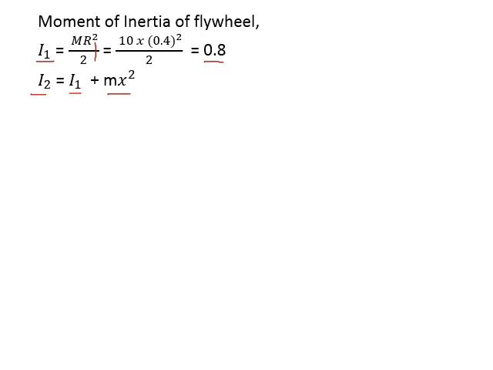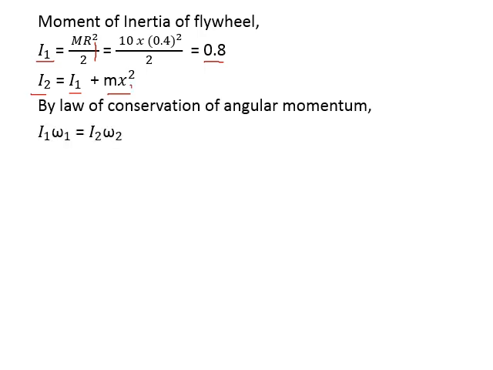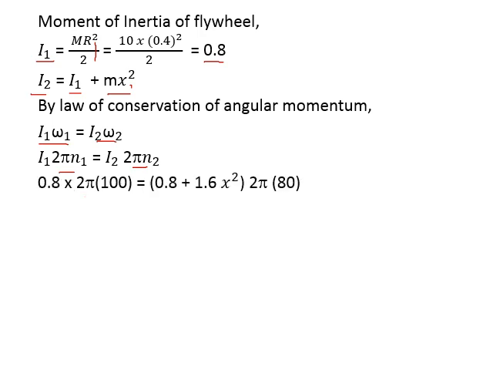Now we have to find this x, and for this purpose, by the law of conservation of angular momentum, we can say I1 omega 1 is equal to I2 omega 2. Further, omega is 2 pi n. Using this, I1 into 2 pi n1, and omega 2 is 2 pi n2 on the right hand side. 2 pi will get cancelled, then simplify.